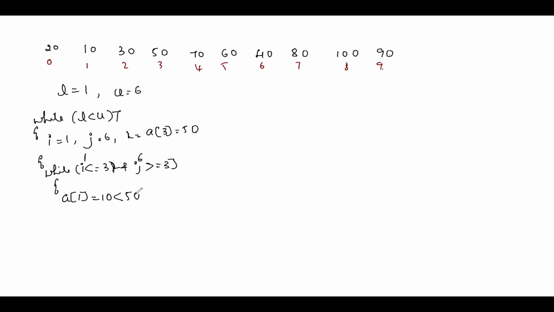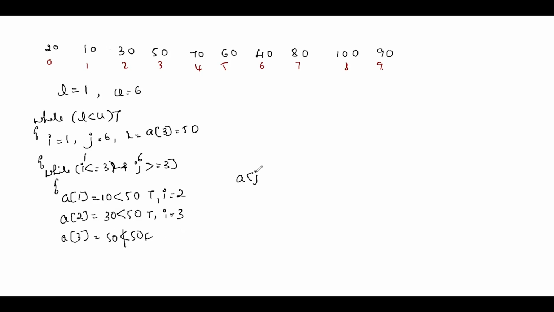Is it less than 50, which is true. Hence, I'm going to increment the i value to 2. Next, I'm going to check A of 2, which is equal to 30, which is less than 50, which is again true. Hence, increment the i value to 3. A of 3, which is 50, which is not less than 50. Hence, it is false. We are going to stop here.